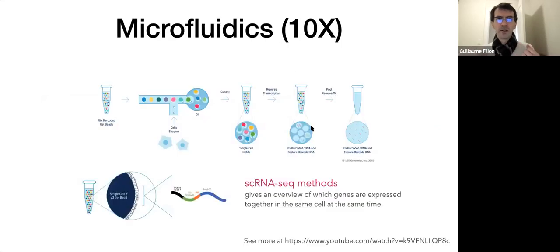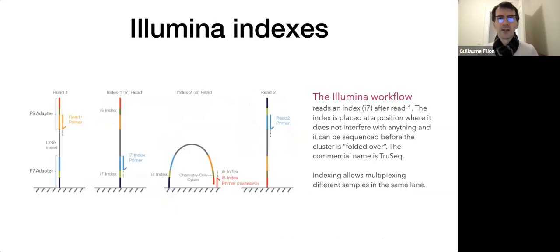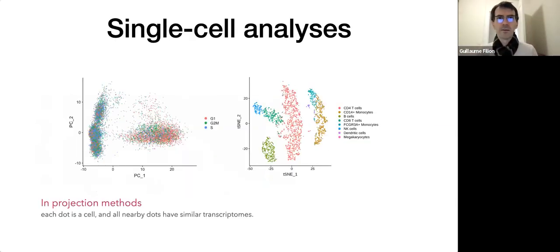But in the case of single cell sequencing, you're putting multiple cells together. Okay, each cell has got its own index. So you don't have only 10 or 16, you now have millions of these indices. And you can then easily tell which are the reads that come from which cell. And so you make packets of cells.